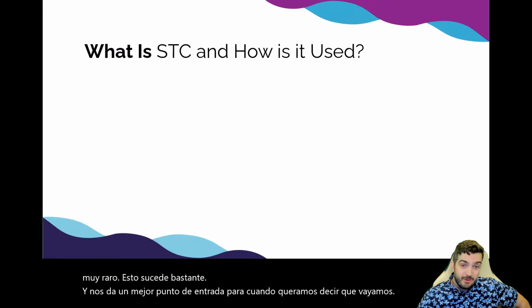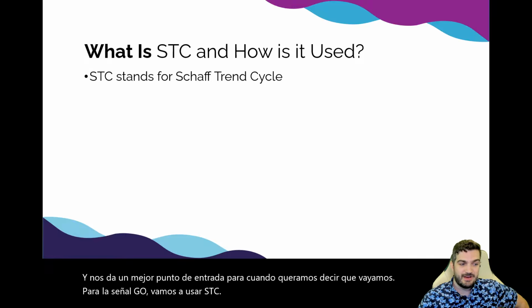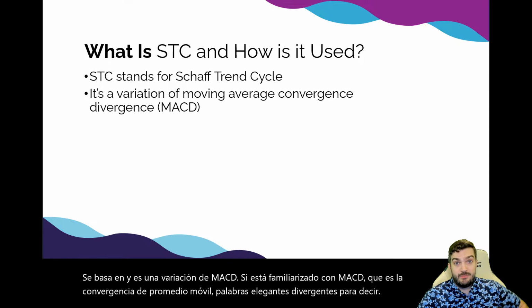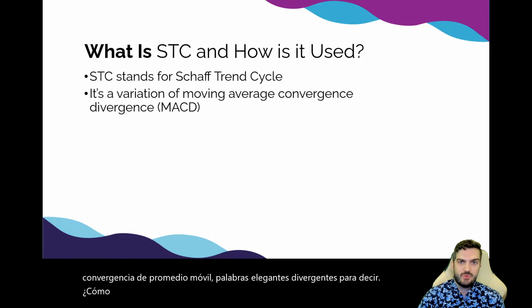For the go signal, we're going to use STC. STC stands for Schaff Trend Cycle. It is a variation on MACD, if you're familiar with MACD, which is moving average convergence divergence. Fancy words to say, how are the moving averages, the average price in the past, doing?